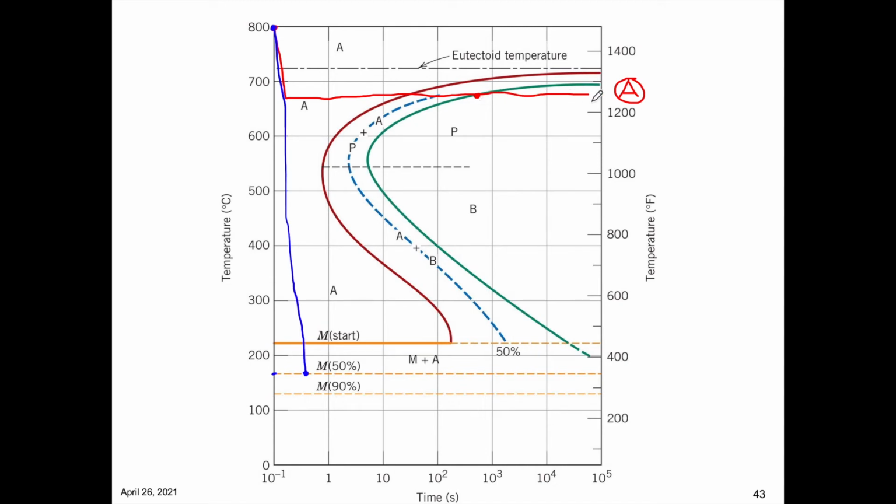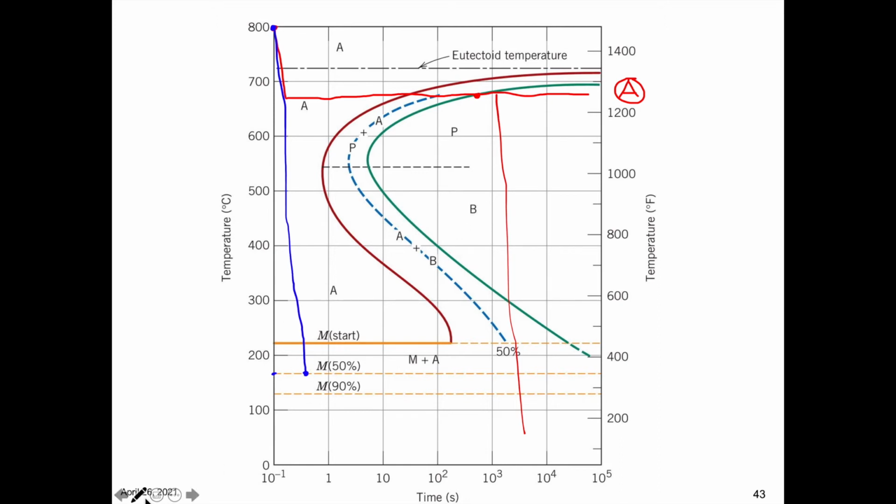If I quench it now, so if I decrease the temperature rapidly and go down here, I don't form martensite because martensite transforms from austenite. So if I've already formed pearlite, I cannot form martensite. So it's okay to quench after you've transformed into pearlite or after you've transformed into bainite.